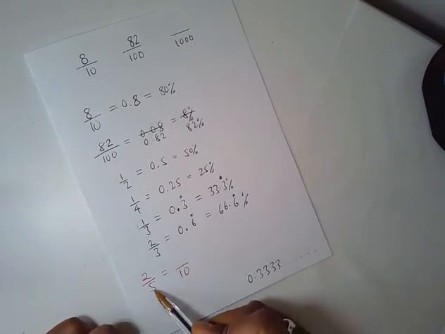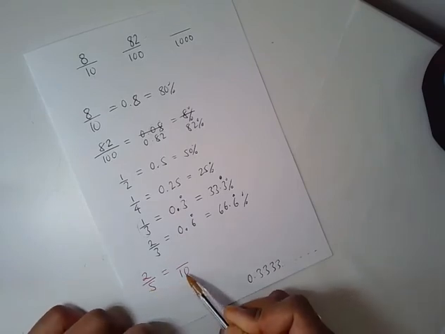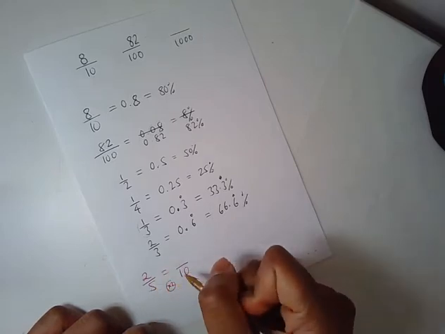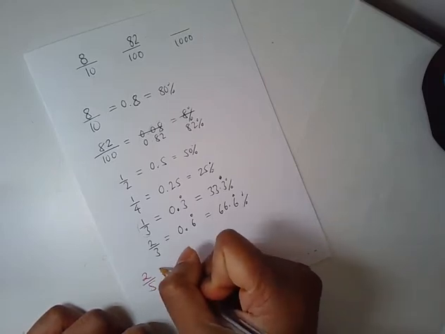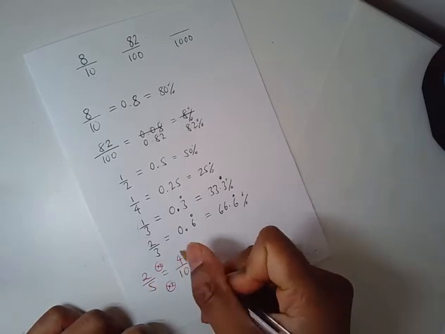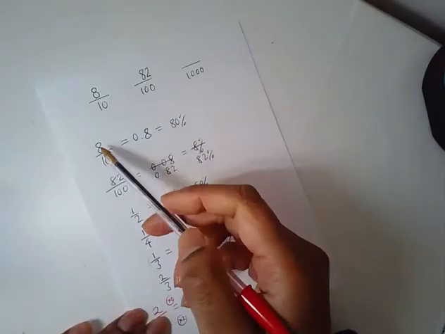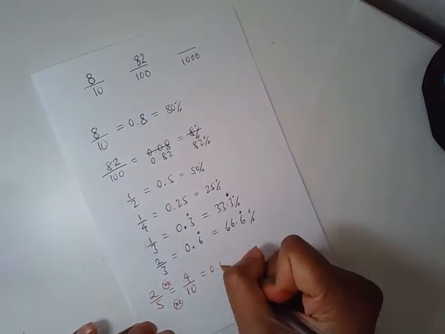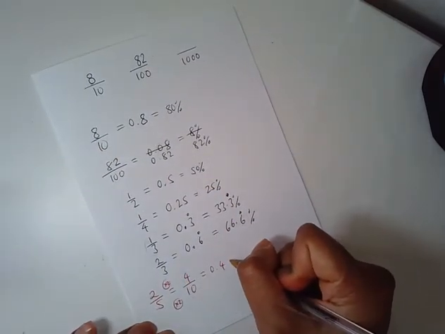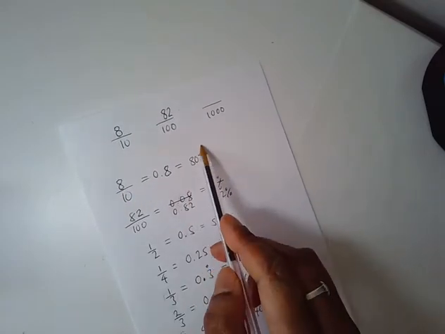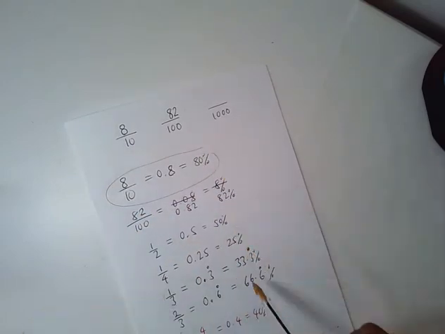Now think, what do I multiply the 5 by to get a 10? Times by 2. 5 times 2 is 10. What you do to the bottom, you need to do to the top. 2 times 2 is 4. So 4/10, similar to this, 4/10 is 0.4. 40%. And compare the similarity with this question, this one here, and this one.